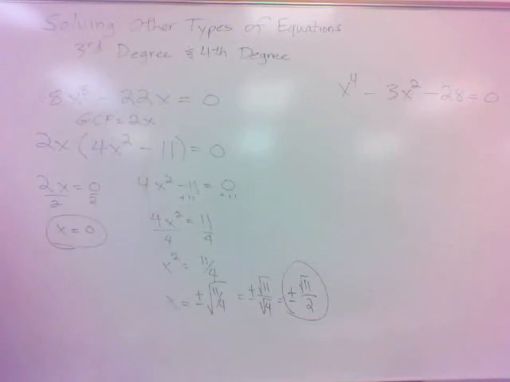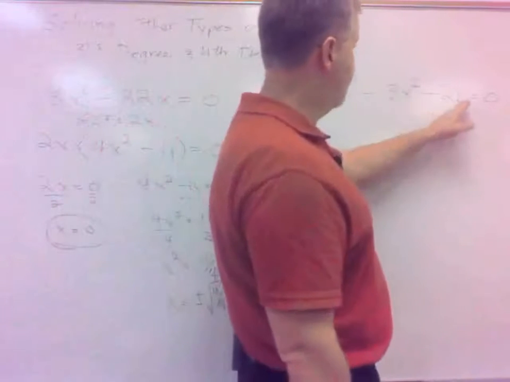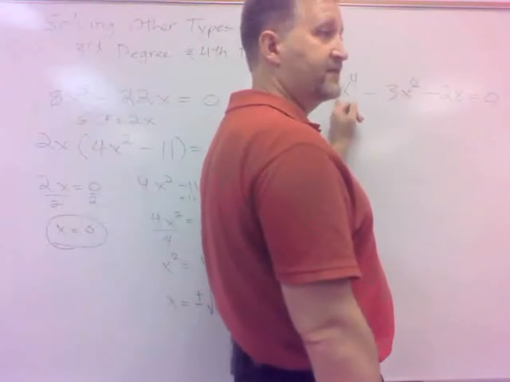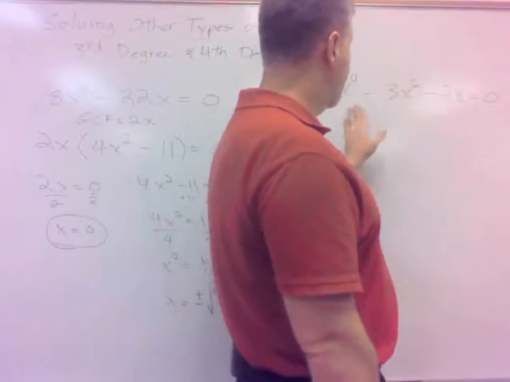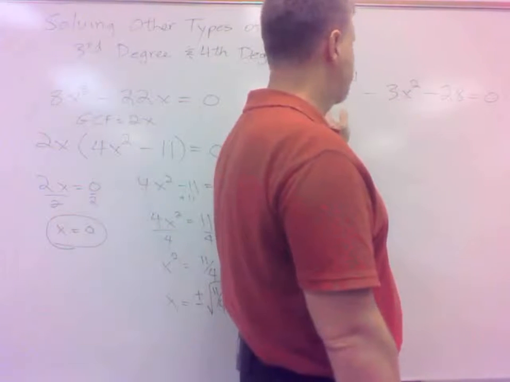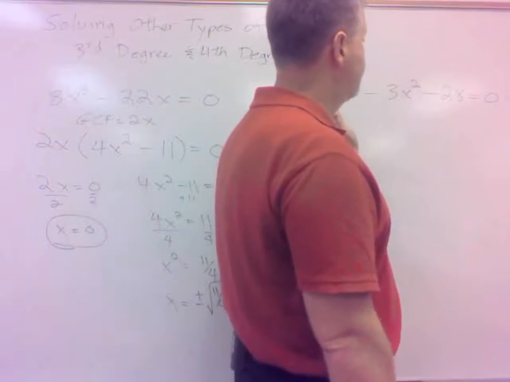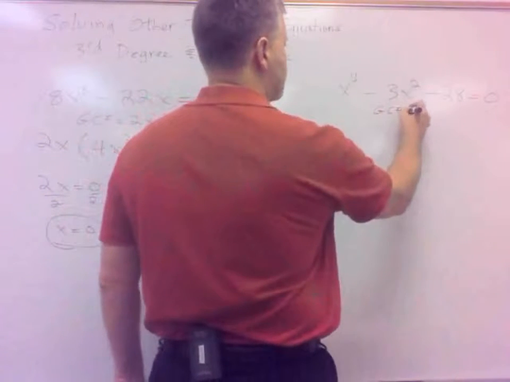Well, this one's a slight bit different than the rest of the ones I've done so far. Because does this one have a GCF? No GCF, is there? There's not a common factor because this one doesn't have an x. They all have to have x for it to be a common factor. And there's no number common in all 3 besides 1. So GCF here is not existent.